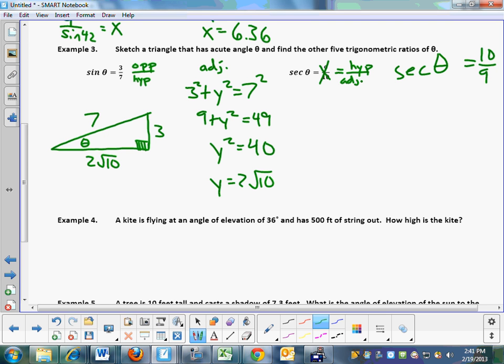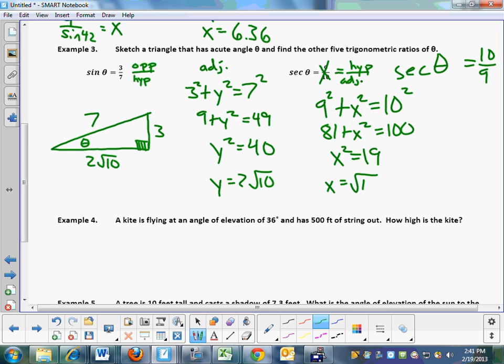Well, now the hypotenuse is 10 and the adjacent side is 9, so I need to calculate the opposite side. So again, I will do 9 squared plus x squared is equal to 10 squared. 81 plus x squared is equal to 100. X squared is 19. X is the square root of 19.